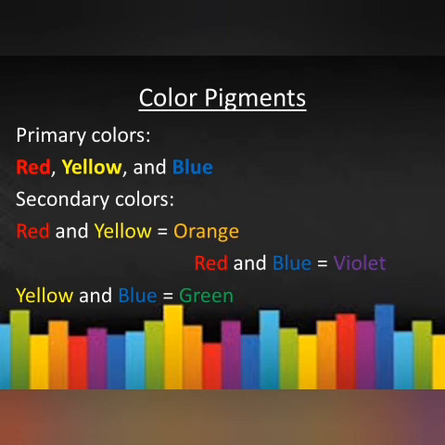Next are the secondary colors. When you mix two primary colors together, you get a secondary color. For example, red and yellow result in orange. Red and blue result in violet. And yellow and blue result in green. So orange, violet, and green are the secondary colors.